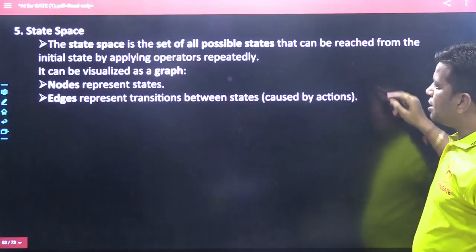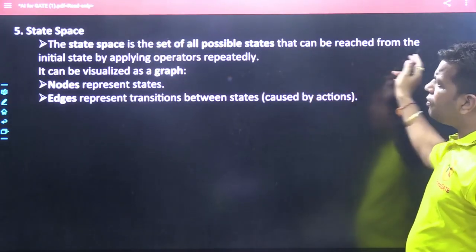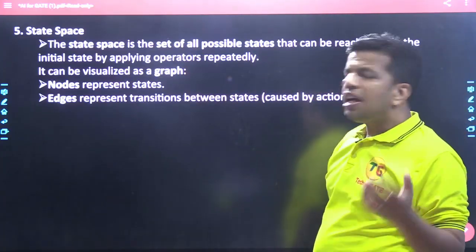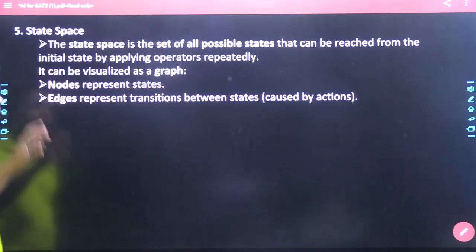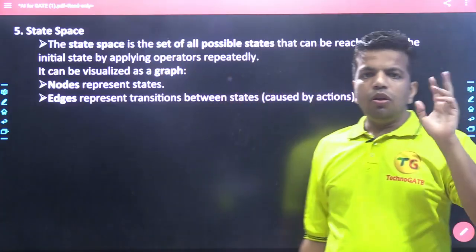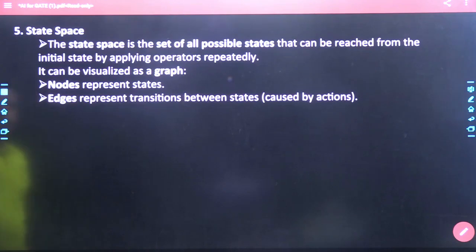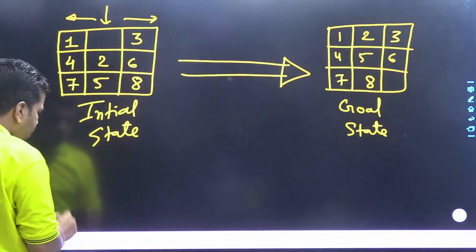Now a state space. A state space is the set of all possible states that can be reached from the initial state by applying operations repeatedly. We are going to represent that in the form of nodes and edges. Okay, a node represents a state and edges represent actions, the transition when it is performed. So let's see. Suppose we are talking about this one.